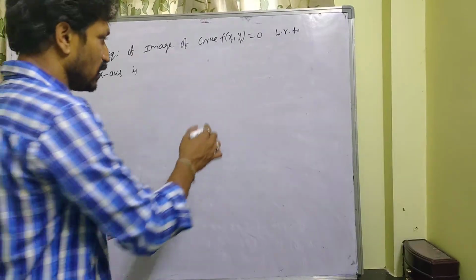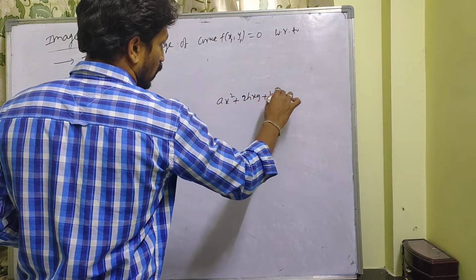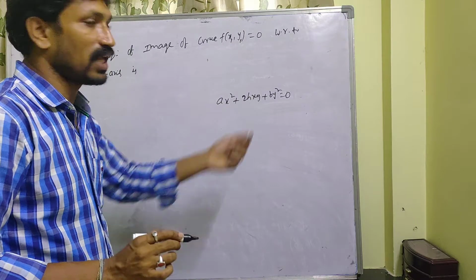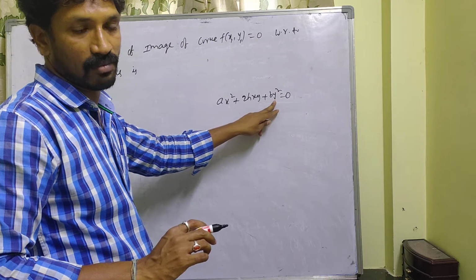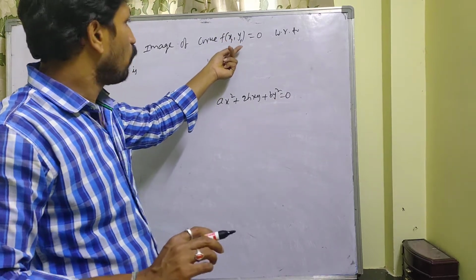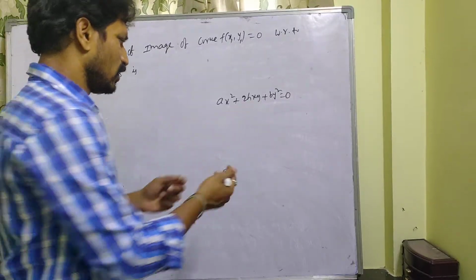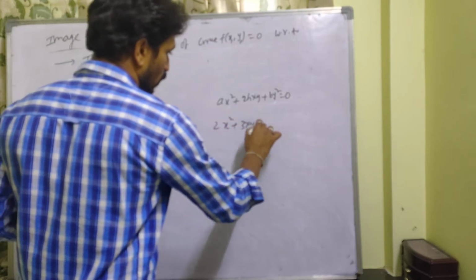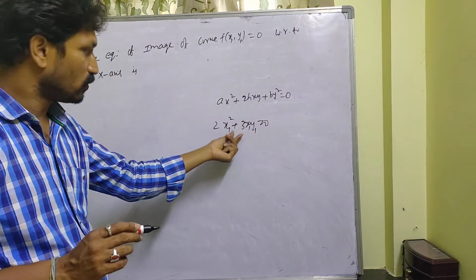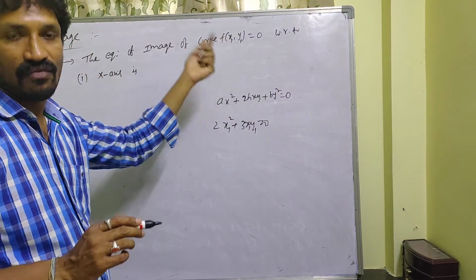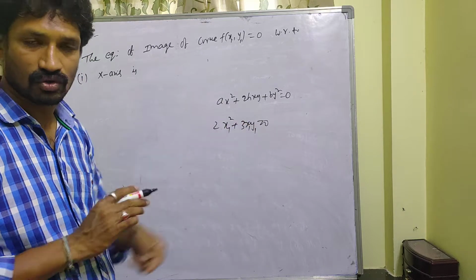F of x1 comma y1 in the sense of some ax square plus 2hxy plus by square. That is an equation involving both x comma y. Here x1 comma y1 means you will get x1, y1 in the place of x comma y. That means the equation is in the form like this with the variables x1 comma y1. Not only like this, any number: 2x square plus 3xy is equal to 0 becomes 2x1 square plus 3x1 y1 is equal to 0. Like that we can see, if you see a curve like this, that is nothing but f of x1 comma y1. Shortly we can write f of x1 comma y1 as 2x1 square plus 3x1 y1 is equal to 0.